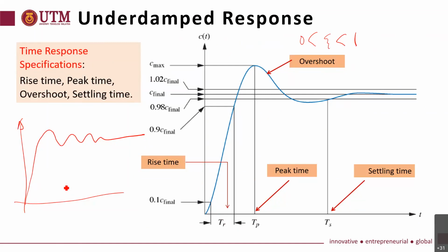If this is a motor, for example, let's say I want the motor to rotate at 1000 RPM from 0, from idle, from not moving.